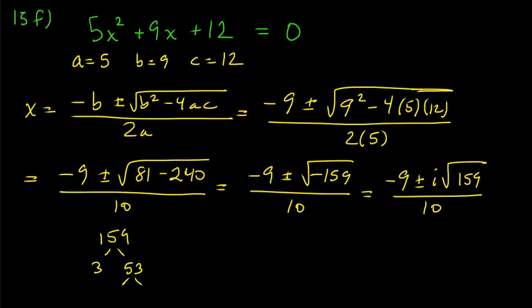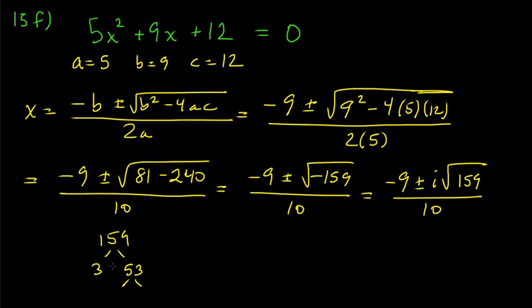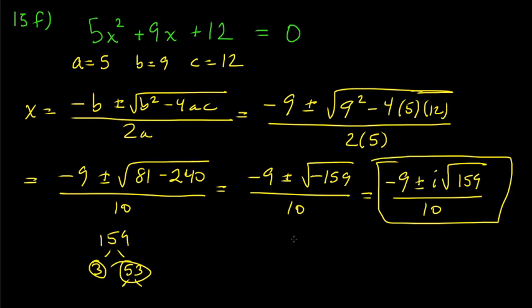No, it's prime. But these are not perfect squares. So in fact, we just leave it like this. Okay, so negative 9 plus or minus i square root of 159 all over 10.